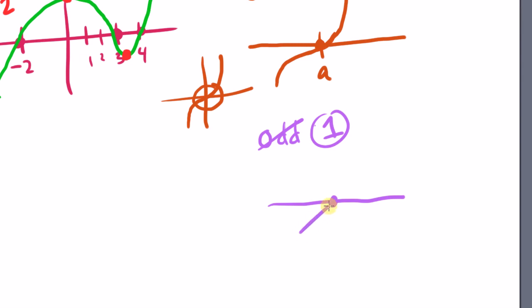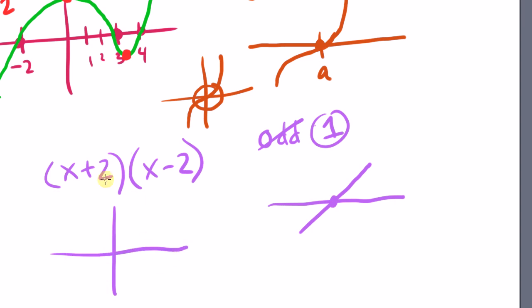Remember back when we had x plus 2, x minus 2. So x plus 2 times x minus 2. It's x squared as its parent function. We have x's at positive 2 and negative 2, and it passes through at negative 4. So if this is negative 4 here, it passes through this point and this point.